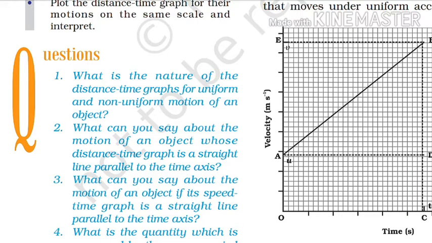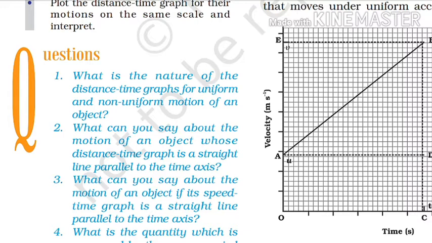Next: what can you say about the motion of an object whose distance-time graph is a straight line parallel to the time axis? Yes, in the distance-time graph, if a straight line parallel to the time axis occurs, it means the object is at rest.